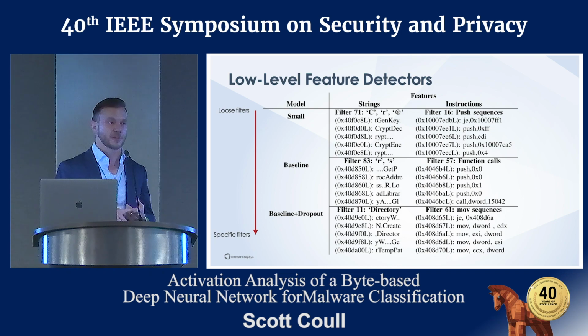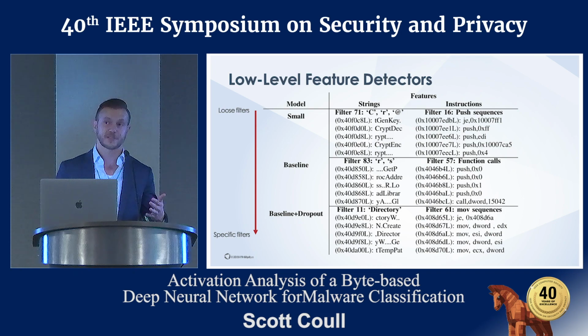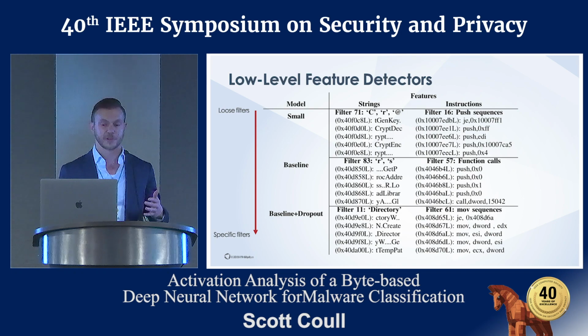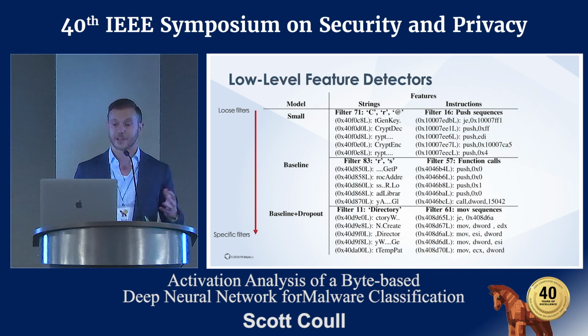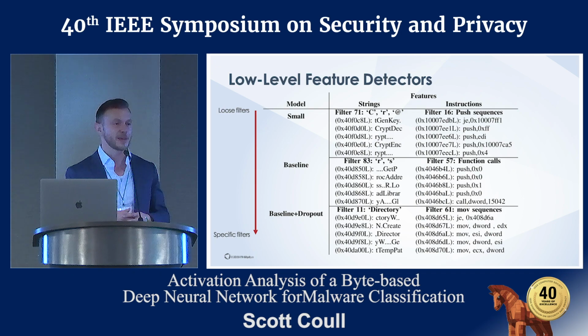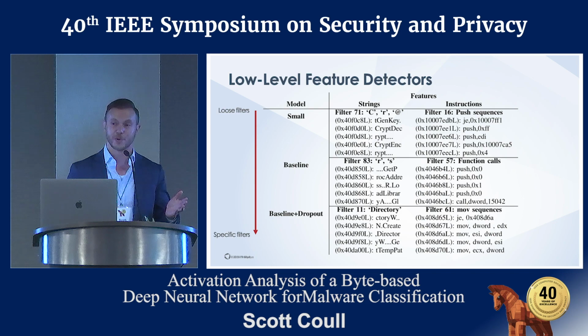The thing that's interesting, though, is if you look at the full breadth and depth of things being caught by each of these filters, it really does cement that notion earlier that this small model, for instance, has filters that are quite flexible, right? Yes, it does capture crypt related APIs, but it also captures a whole variety of other things, some of which are complete garbage and some of which are actually interesting other imports.